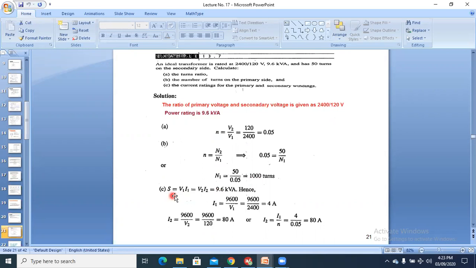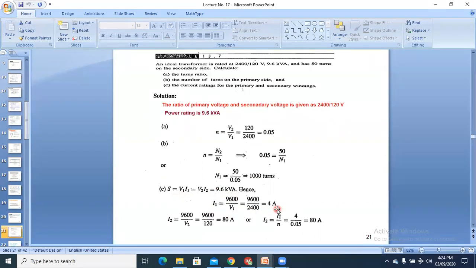The power rating at the primary and secondary side is 9.6 kVA, which is equal to 9600 VA, equal to I1 V1. We divide it by V1, so I1 is 4 ampere.